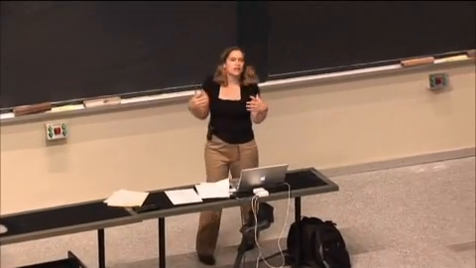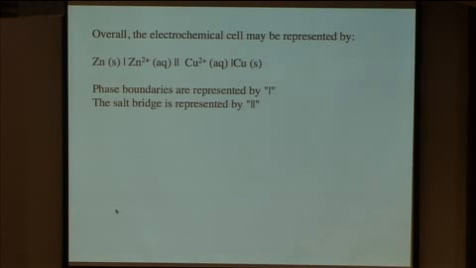So we could talk about the cell. Here's some nomenclature that represents the cell. The one that I just showed you has one electrode, zinc solid, and we also have zinc +2 in solution. You have a single line between the solid and the zinc +2 ions in solution. That indicates there's a phase boundary, so you're changing phase from solid to aqueous.